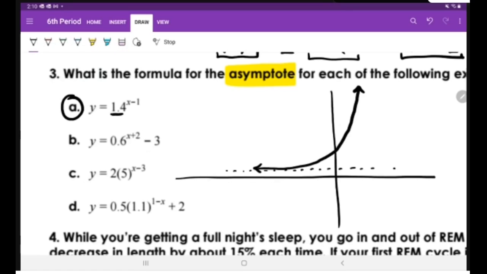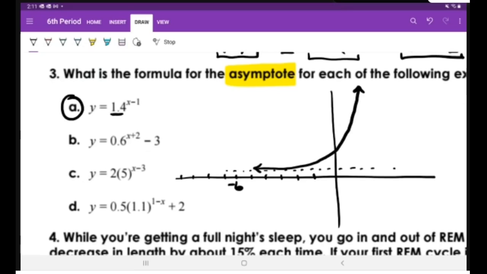Somebody give me an example of some x values that I can plug in over here on the left. Anybody? Just yell one out. -6. -6 is a good example. I'm going to plug in -6 and see what value my y's are getting really, really close to.